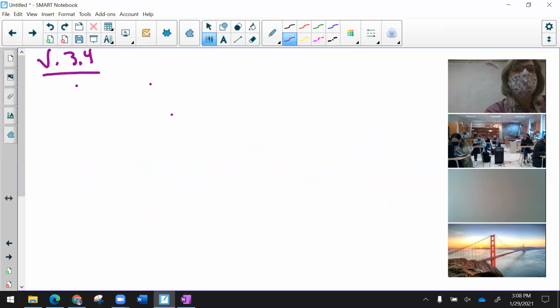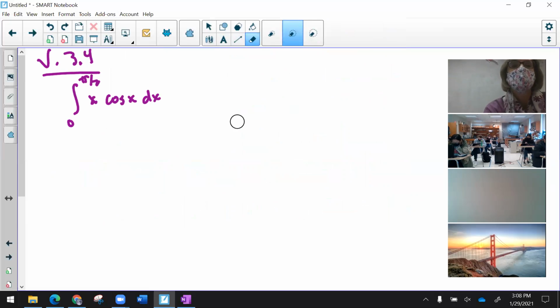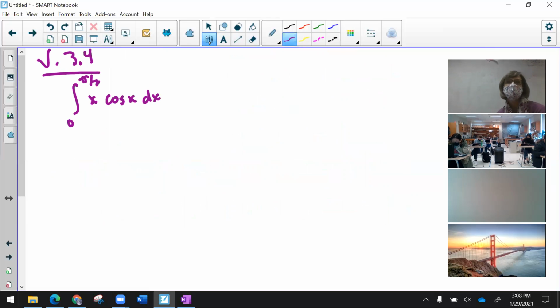So 3.4 is the integral from 0 to pi. That doesn't bother me. Of x cosine x dx. So again, I've come to an integral.